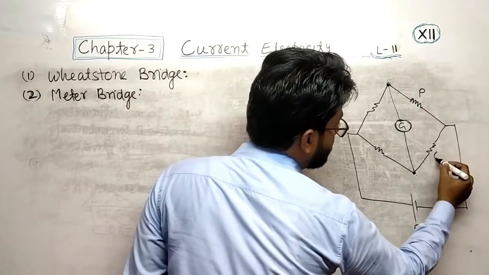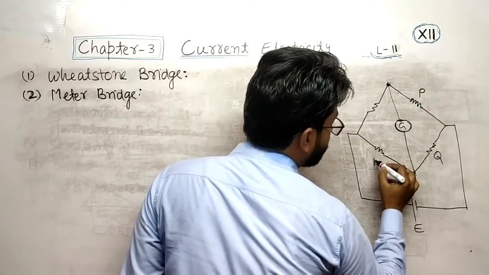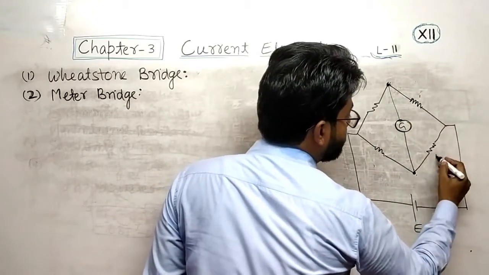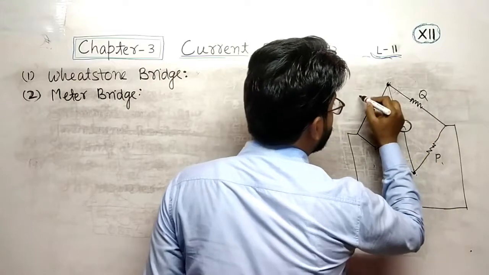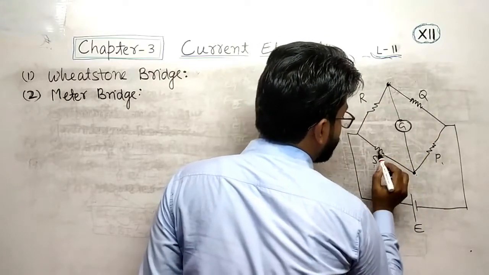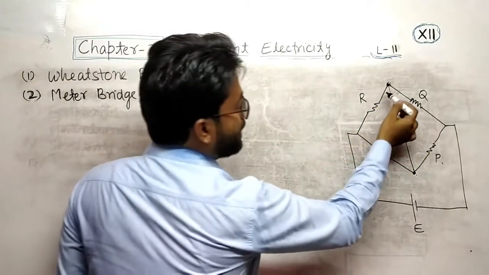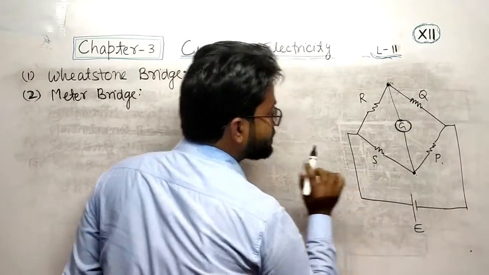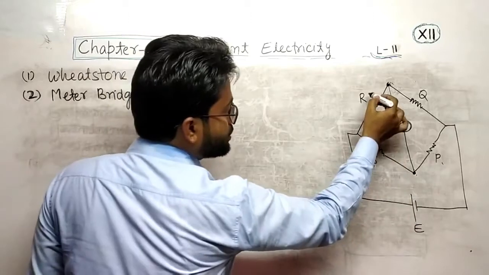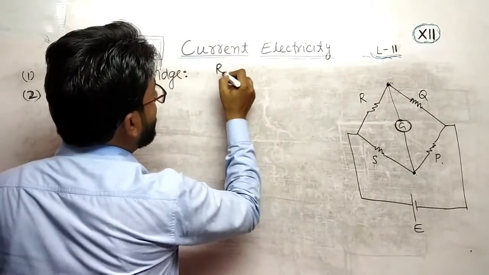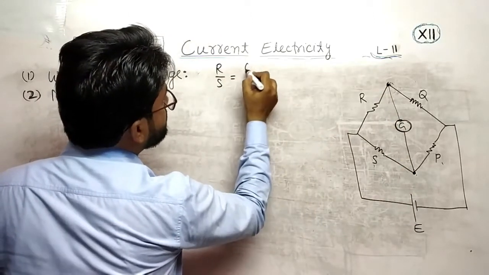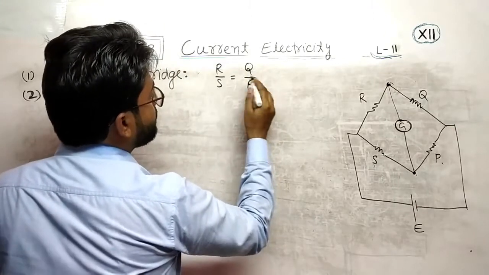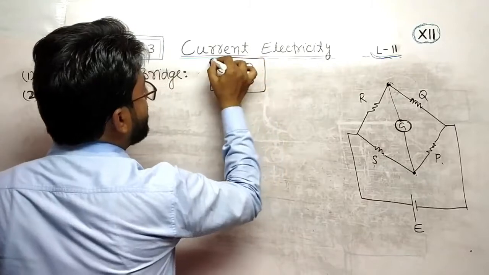let us suppose this is P, Q, R. This is the R resistance, this resistance is Q, this is P and this resistance is S. In balanced condition, R upon S is equal to Q upon P. This is the balanced condition.